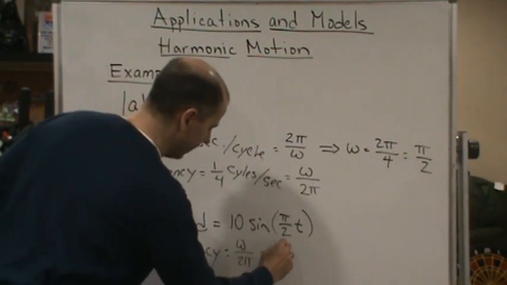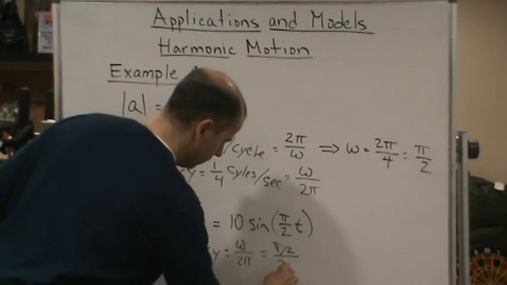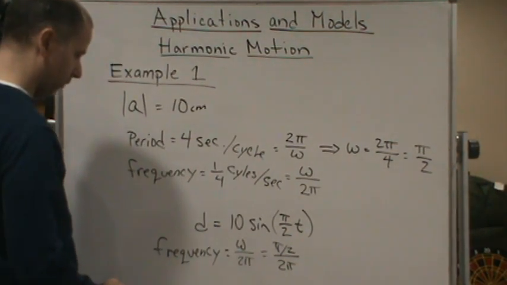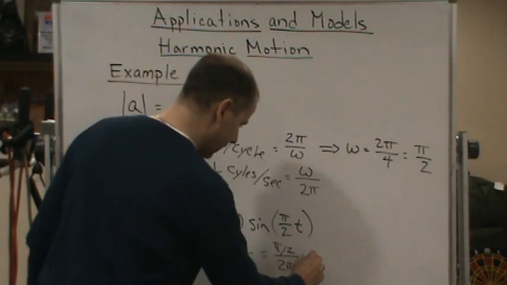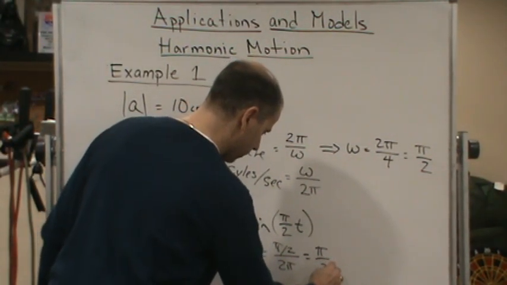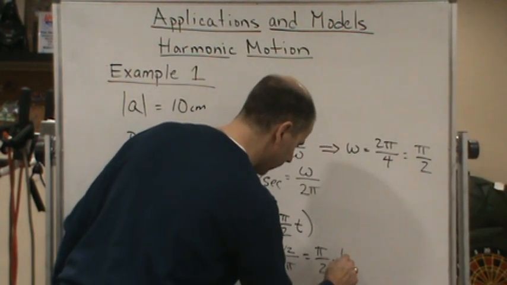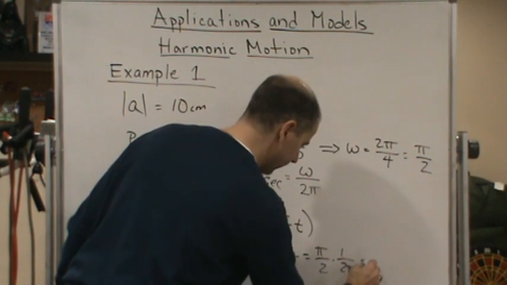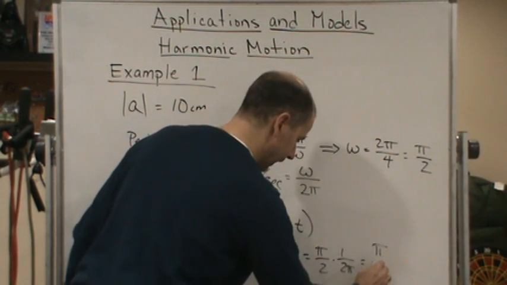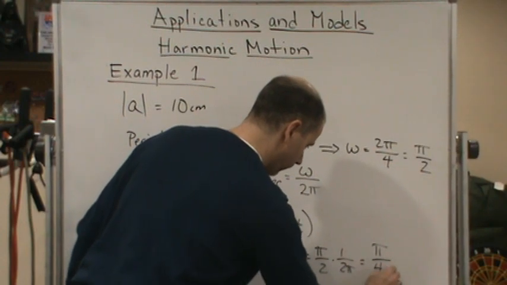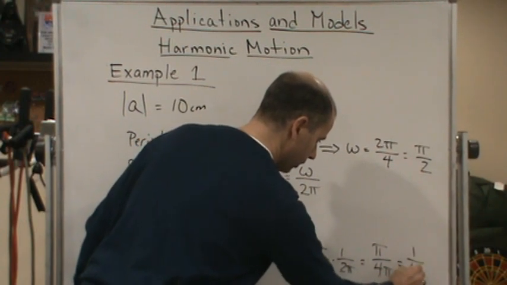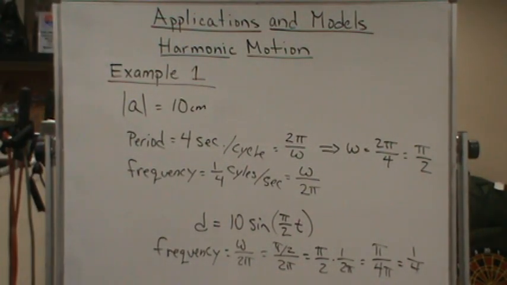Omega is pi over 2, divided by 2 pi, which equals pi over 2 times 1 over 2 pi, which equals pi over 4 pi, which equals 1/4. And so we just proved what we already know: the frequency is 1/4 of a cycle per second.